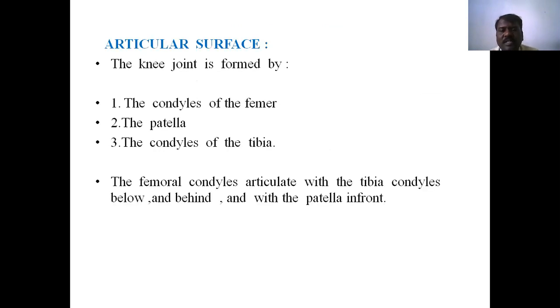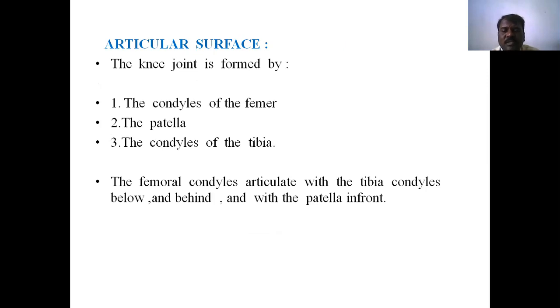So what are the articular surfaces? The knee joint is formed by the condyles of the femur, the lateral condyle and medial condyle. Already we have discussed the osteology. The medial condyle is larger than the lateral condyle. The inferior surface of the femur articulates with the superior surface of the patella.